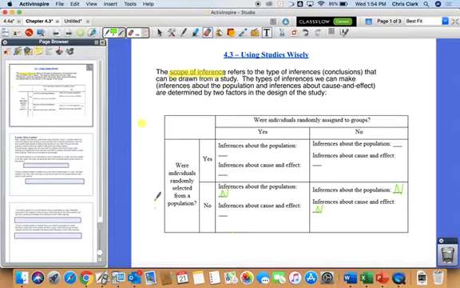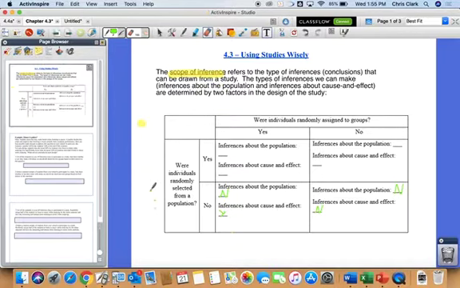I can only make an inference about the people, or people like the people, that are in the study. But since I randomly assign to groups, I assign treatment, I can make an inference about cause and effect. That is where most experiments are.